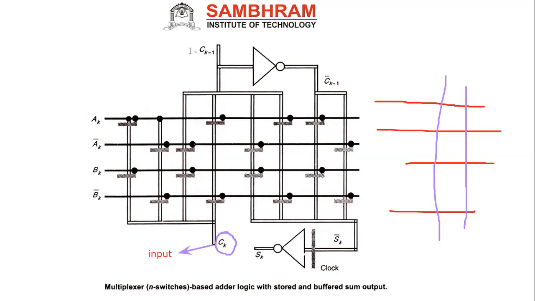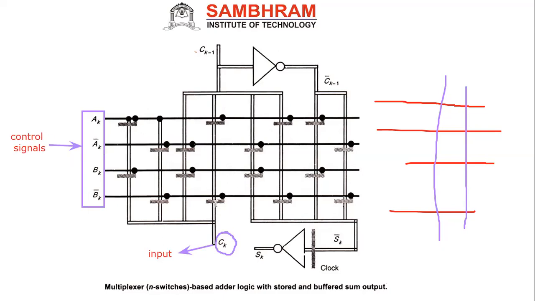Next, what about this? These all are control signals. As you know, this is a diffusion.